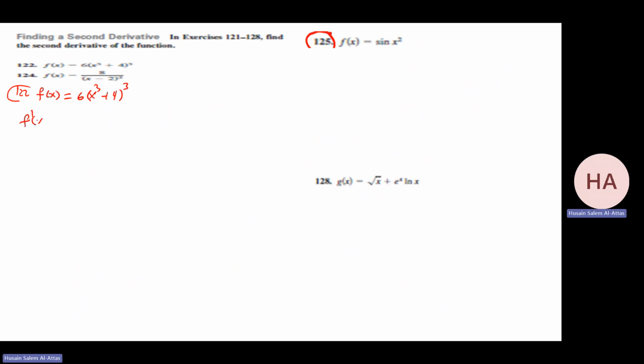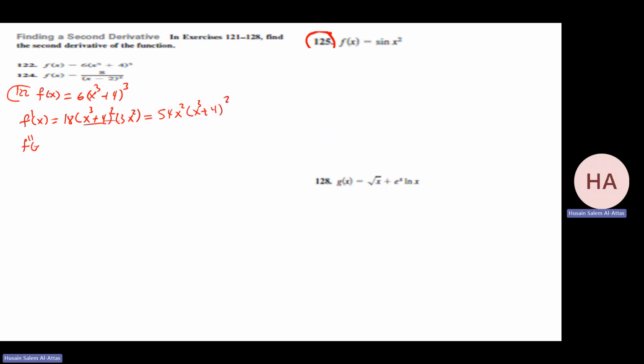F prime will be 18 times x cubed plus 4 squared, times 3x squared. Correct? Derivative of x cubed plus 4 is 3x squared. So that will be 54 x squared times x cubed plus 4 squared.